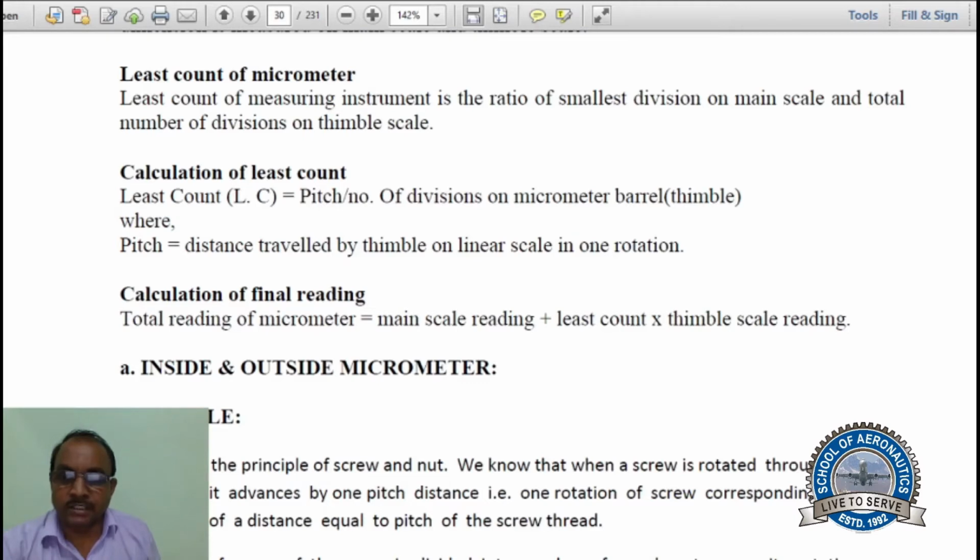Calculation of final reading. Total reading of micrometer equals main scale reading plus least count times thimble scale reading.